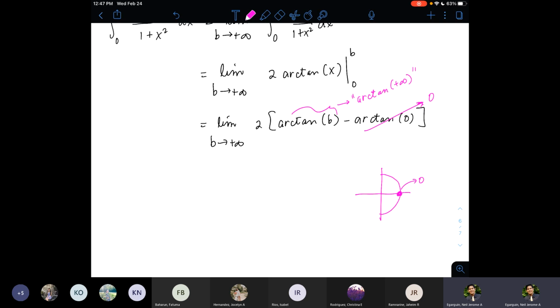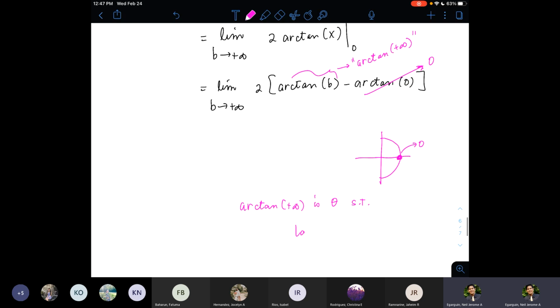So arctan of infinity is the angle theta such that tangent of theta is equal to positive infinity. I'm putting it in quotes because this is technically not correct, because we know tangent only has finite values.